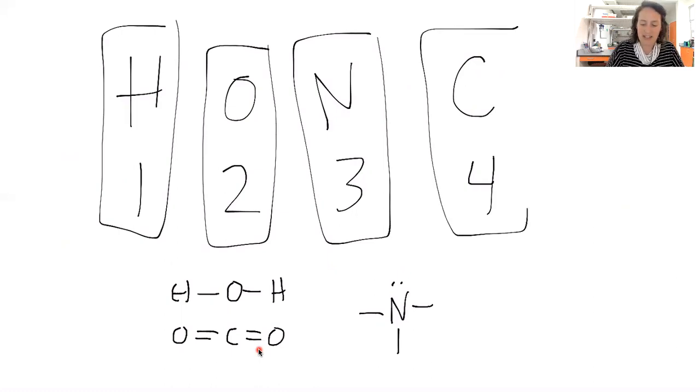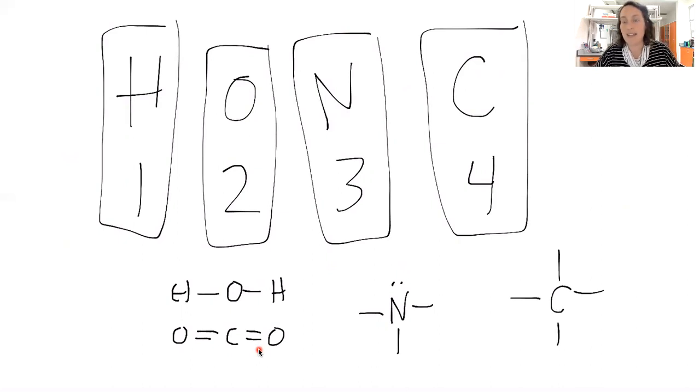And last but not least, carbon, the basis of all of our life, our organic matter, is carbon-based. Carbon always has 4 bonds coming off of it, always. Never 3, never 2, always 4. That could be in a couple different ways. You can have all single bonds, you can have a carbon that has 2 sets of double bonds, like in carbon dioxide.